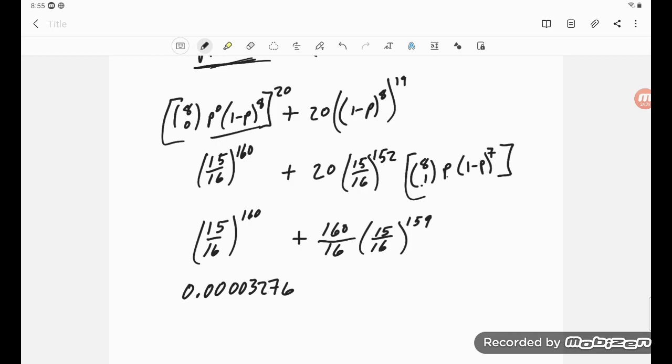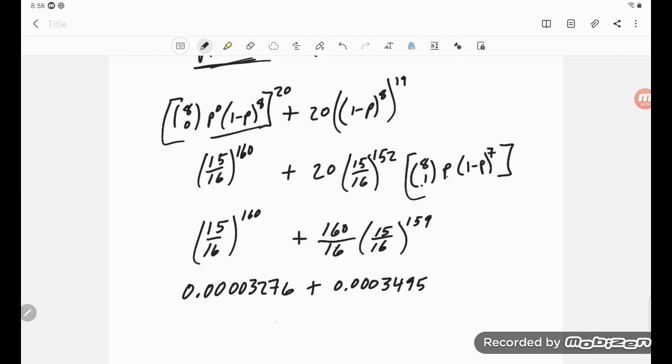Let's see here. We got my 15, 16, and a 10. Let's see, so I've got 10 and then 15. Okay, so I believe this is 0.0003495.